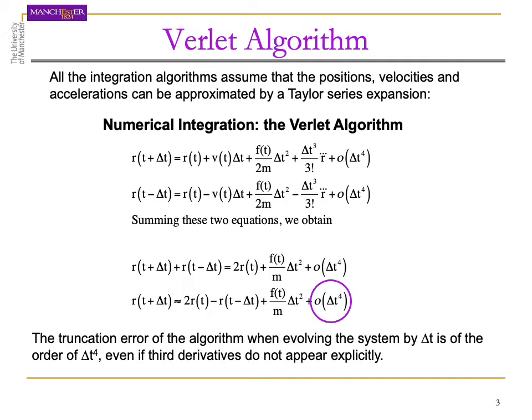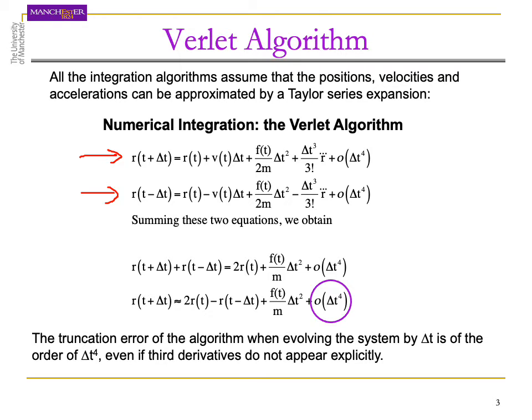So you write the Taylor series expansion for the position occupied by an atom at time t plus delta t, that means in the future, and the position that was occupied by this atom at time t minus delta t, that means in the past.